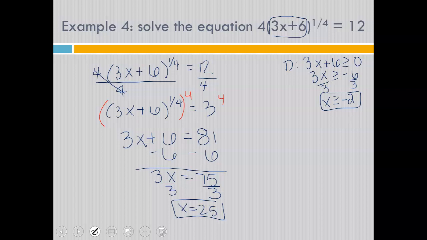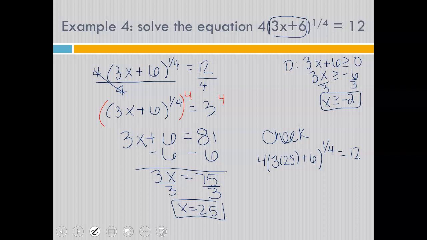And again, once we've isolated and solved for our variable, we just need to check to make sure it works. Again, 25 is well greater than negative 2.